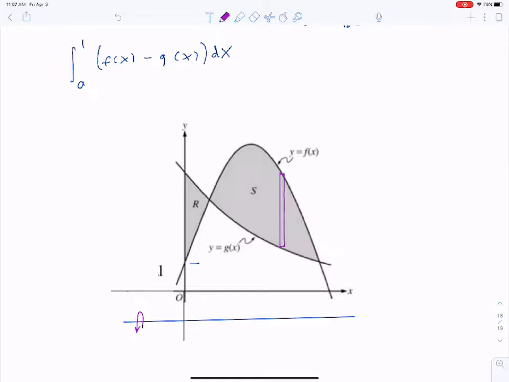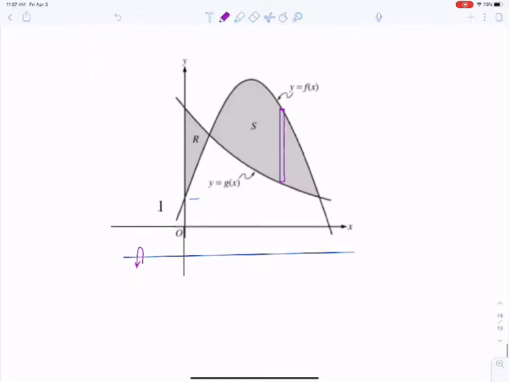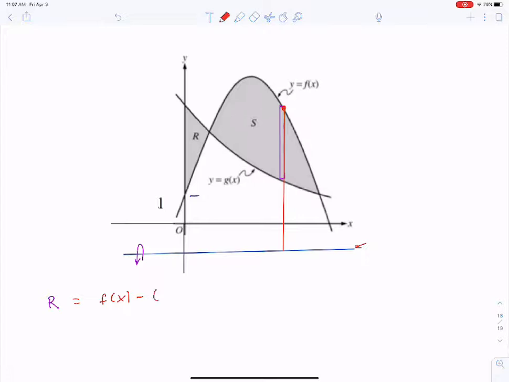Okay. Let's see what we need. In order to do the disk/washer method, I need a couple things. I need to know, what is big R? Big R is the distance from here all the way to there, which is going to be equal to f of x minus a negative 1.